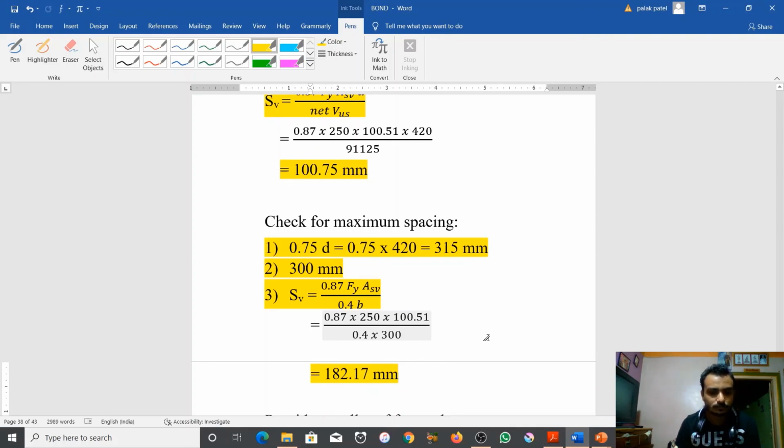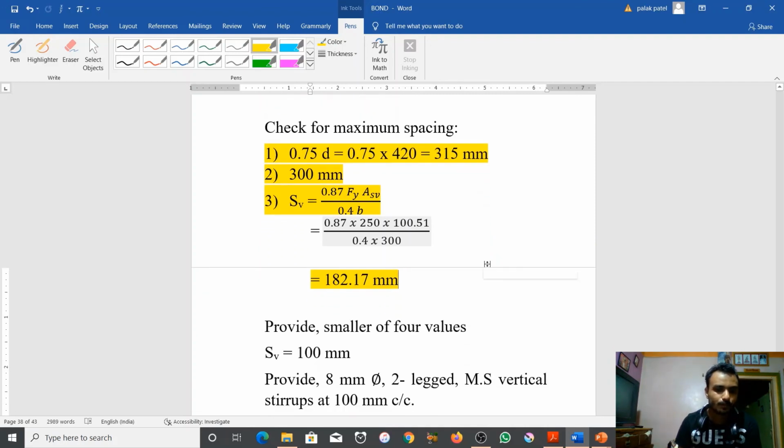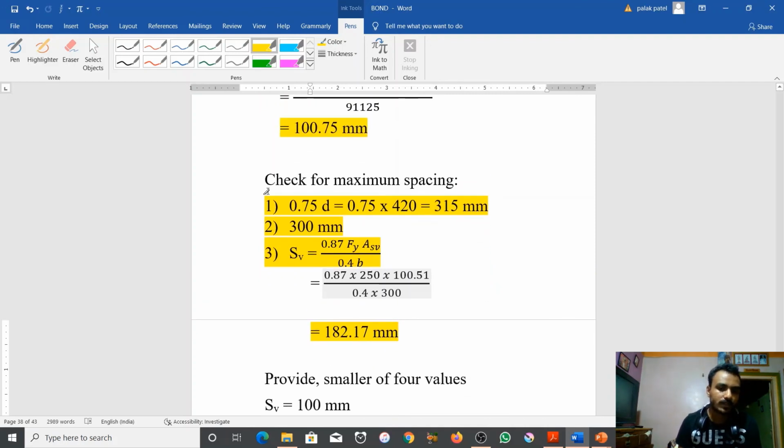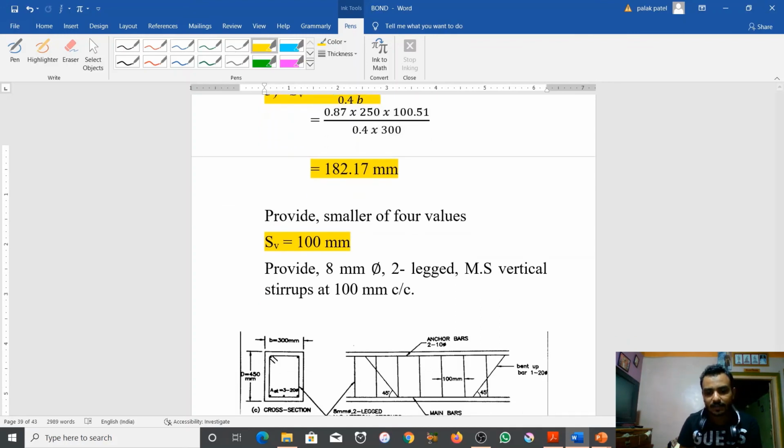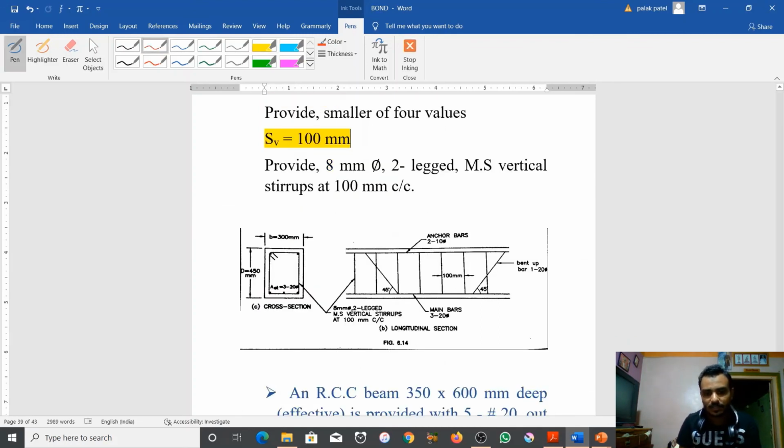So we have to provide the smaller value, so 100 mm is smaller. So we provide 8 mm diameter bar, 2 leg stirrups, mild steel vertical stirrups at 100 mm center to center. You can see here, spacing is 100 mm center to center.